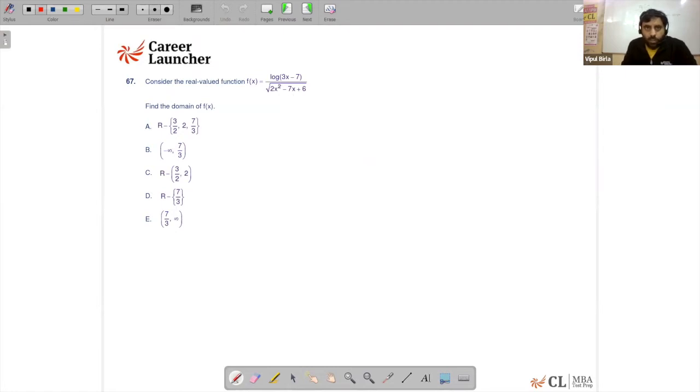I know log of 0 or a negative number is not defined. So for log of (3x minus 7), this 3x minus 7 has to be greater than 0, or 3x is greater than 7, or x is greater than 7 by 3.